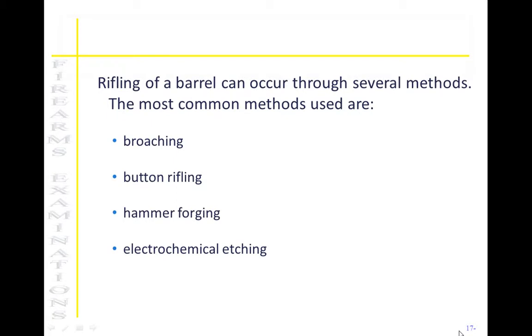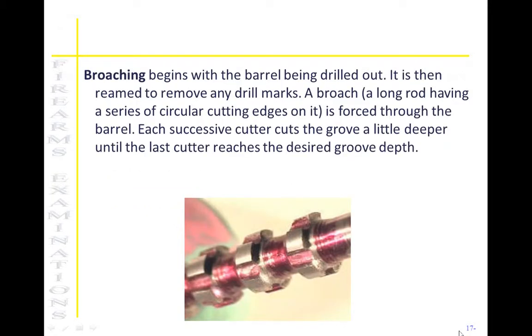Rifling of a barrel can be produced through several different methods. The most common methods used are either broaching, button rifling, hammer forging, or electrochemical etching. With broaching, the barrel itself begins by being completely drilled out smooth.